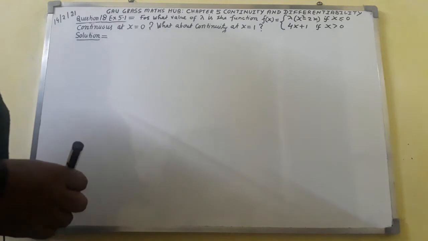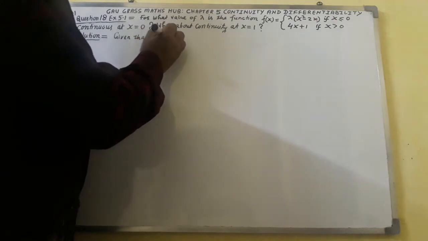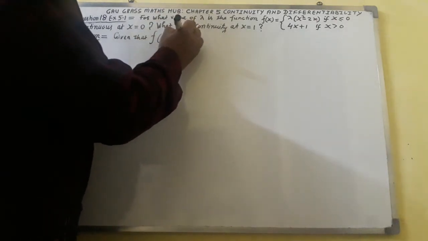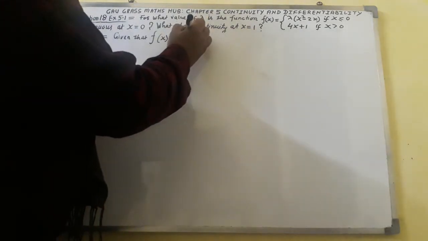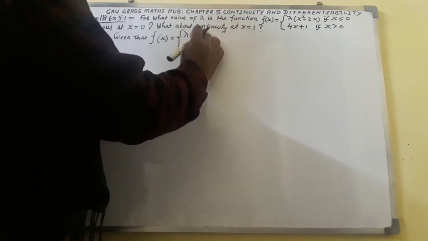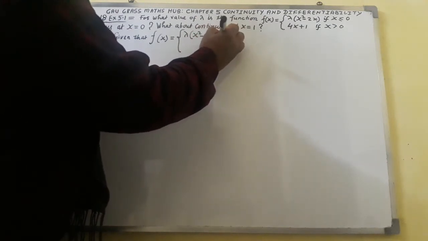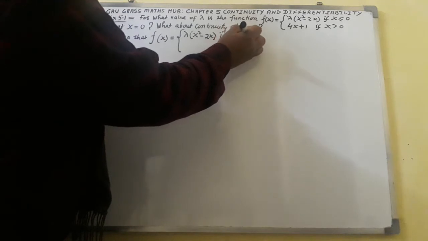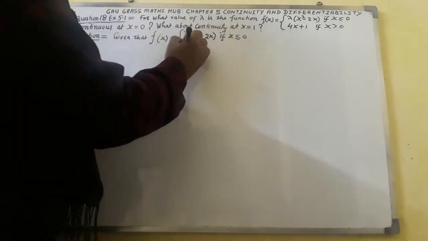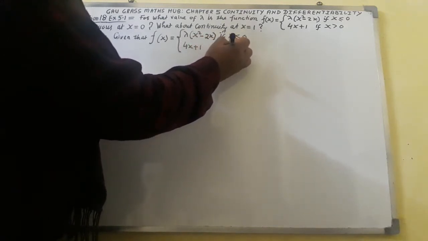Here I shall write the solution. Given that f of x equal to lambda times (x square minus 2x) if x is less than or equal to 0, and 4x plus 1 if x is greater than 0.